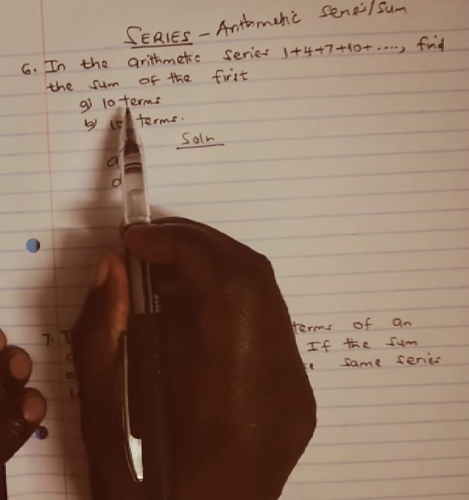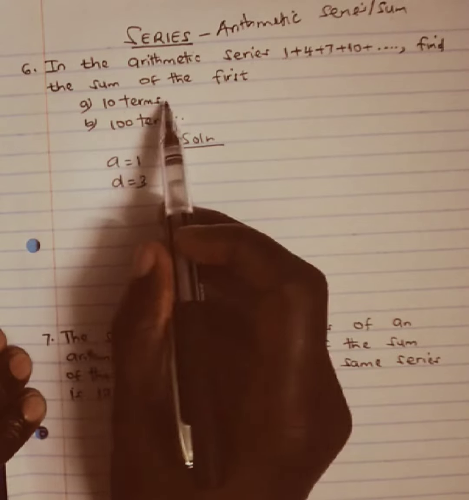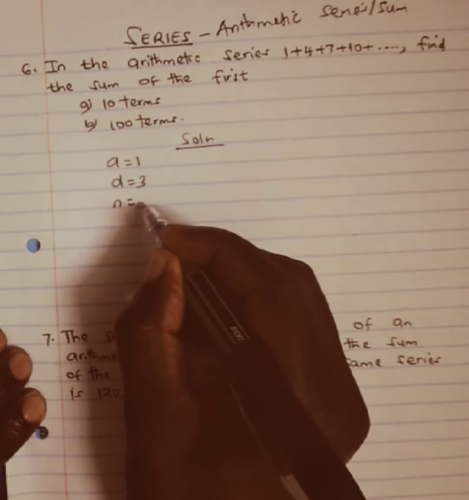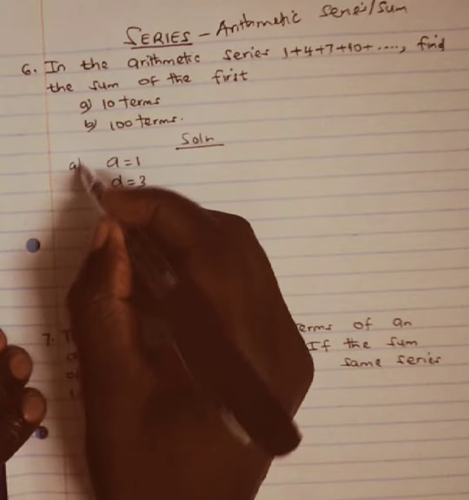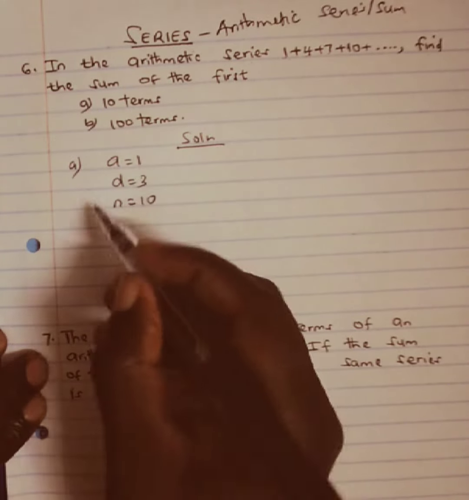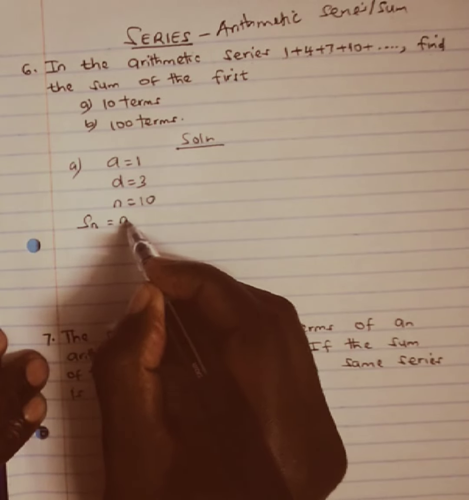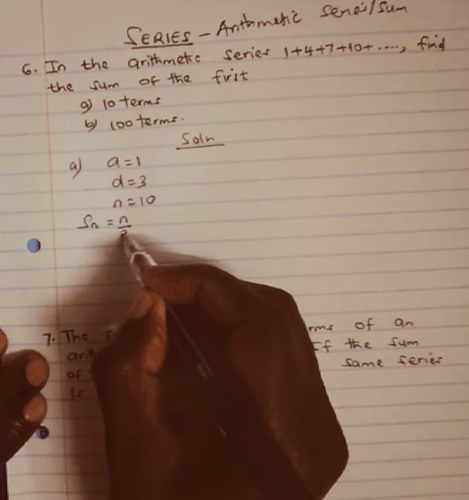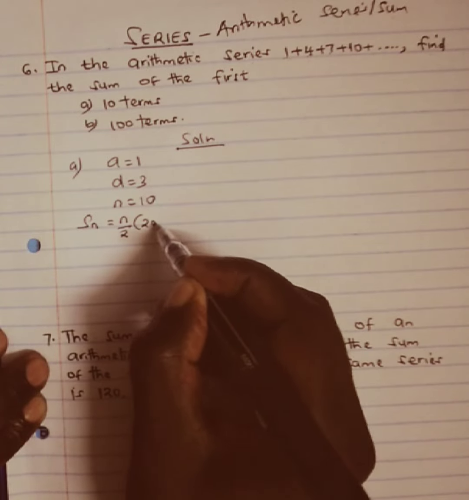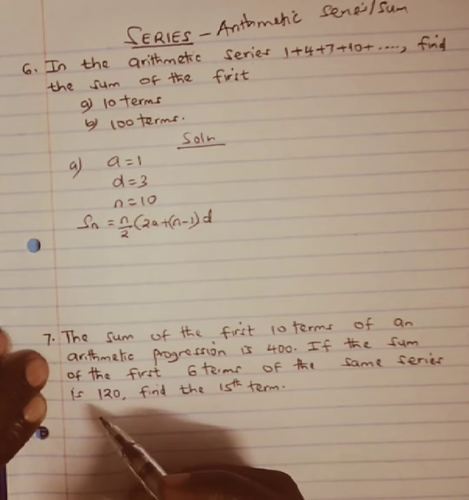So to get the sum of the first 10 terms, it means n is going to be 10. So let us do the first part of the question. We know the sum of any terms is given by n over 2 into 2a plus n minus 1, everything multiplied by d.